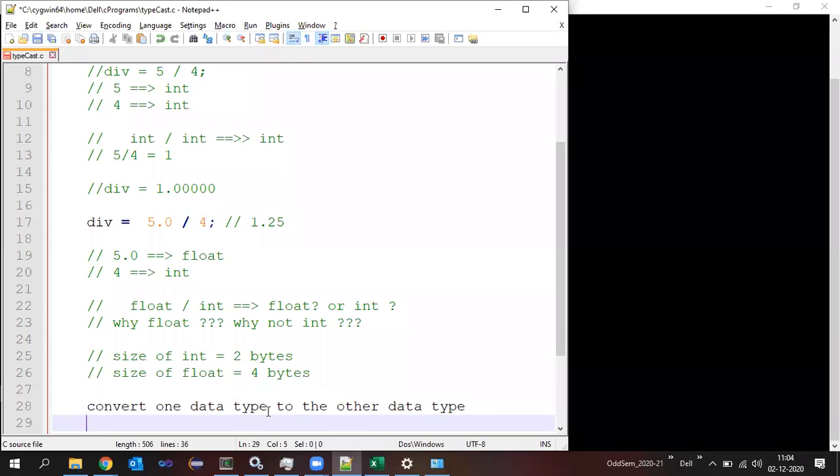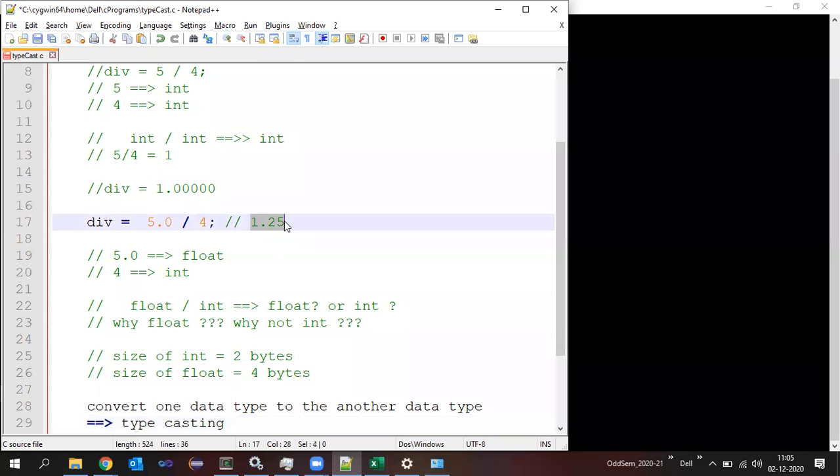Converting one data type to another data type is called typecasting. Here we had 5.0 and 4, two things, but the result is getting stored as a float value. So we have typecasted the data type.